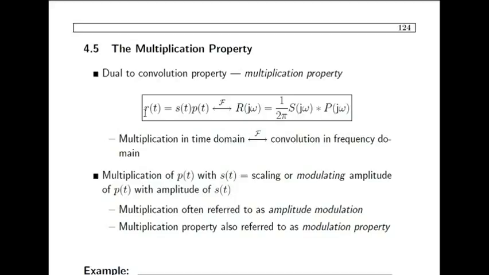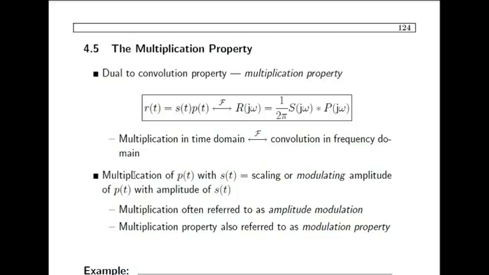But here, we are multiplying the signals in the time domain, like r(t) is equal to s(t) into p(t), and in the frequency domain they are convolved and multiplied with 1 upon 2 pi. As you can see, R(j omega) is 1 upon 2 pi S(j omega) convolved with P(j omega). So what does it say? That multiplication in the time domain implies convolution in the frequency domain.